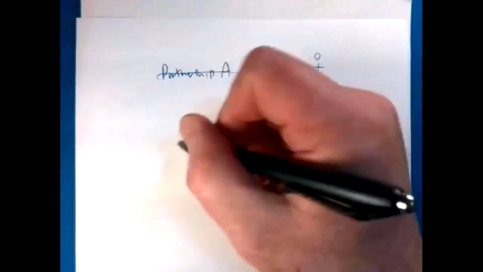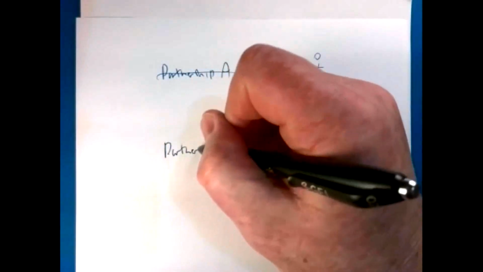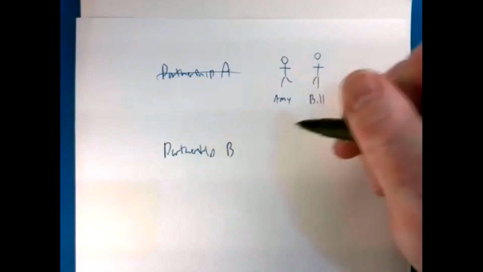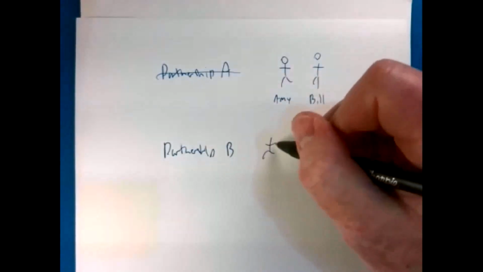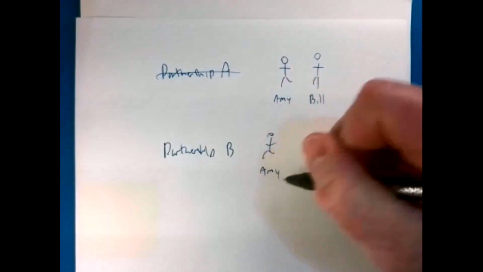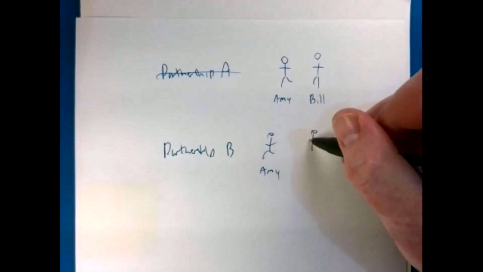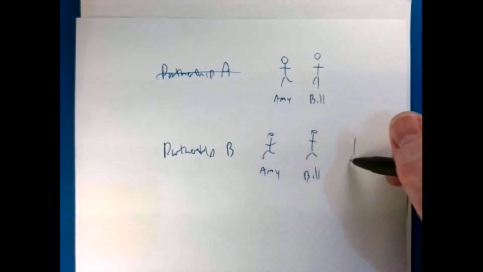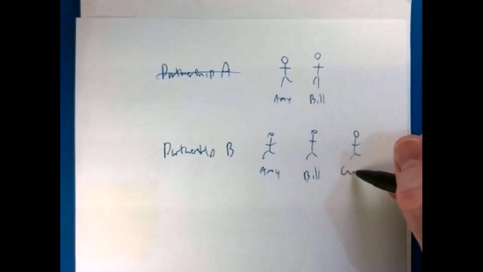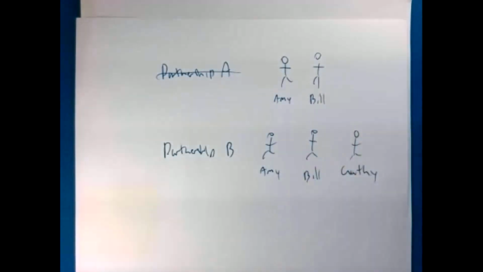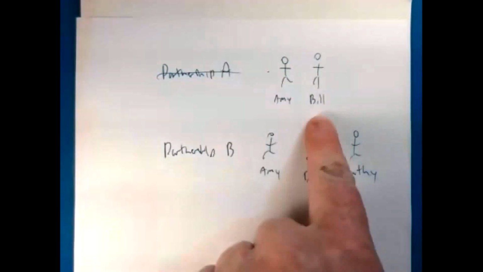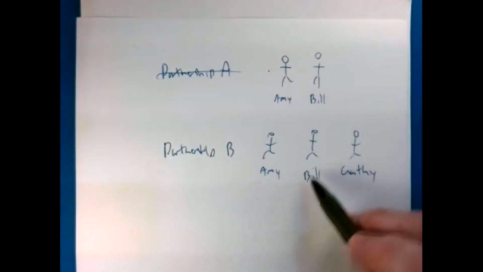This partnership's over. We have Amy, we have Bill, and now we have Kathy. So this partnership is over. It ceases to exist. Okay, Bill leaves.